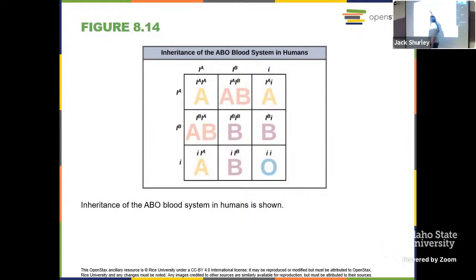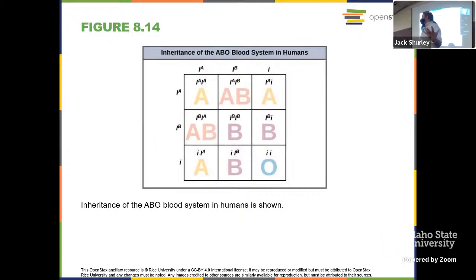There is another possibility for you to be big A, I big A, superscripted, and a little i, right? So one allele for O, one allele for A, but A is dominant to O, so it masks it. You are type A, right? Same idea with B, a little i with the B, you're type B, right? Same way going over here, it's just different partner that's contributing that. So now you're type A or you're type B, right?